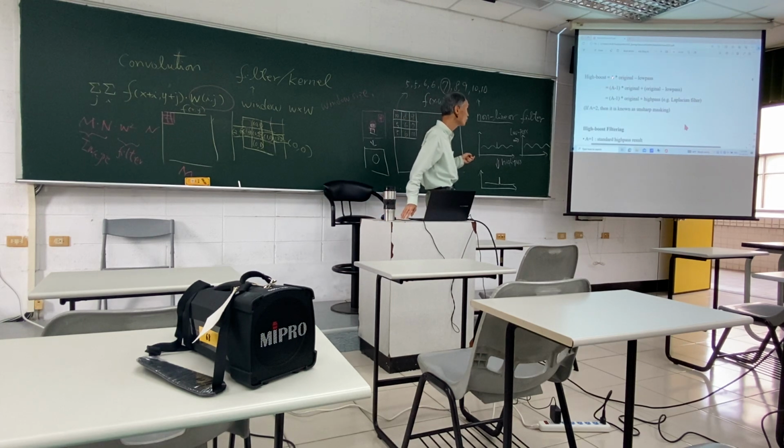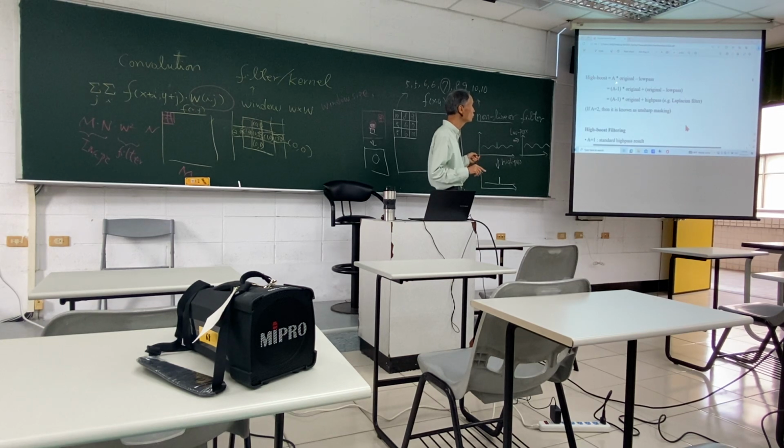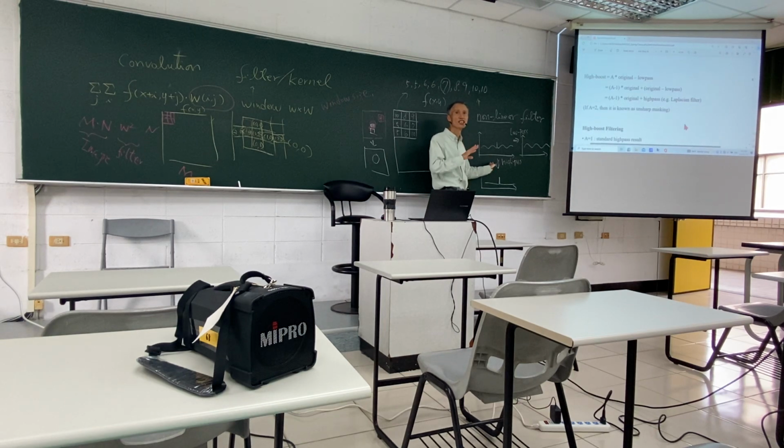Take a look at this equation one more time. If A equals 1, that will be equal to the original image minus low-pass. In that case, this is the so-called high boost. When A equals 1, the high boost is nothing but the high-pass filter.